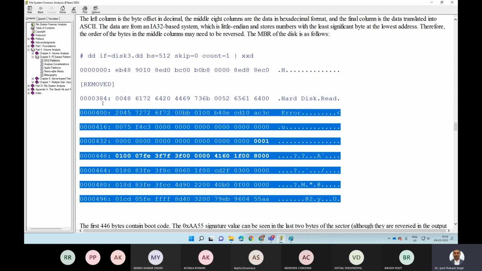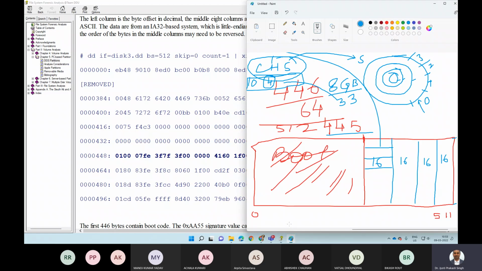In fact, when you run it, you will get the whole output starting from 0 up to 496. The upper part is the boot sequence, so they have hidden that. Now let us see 384.